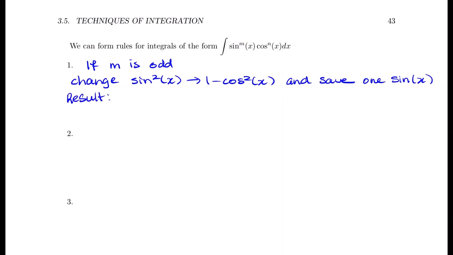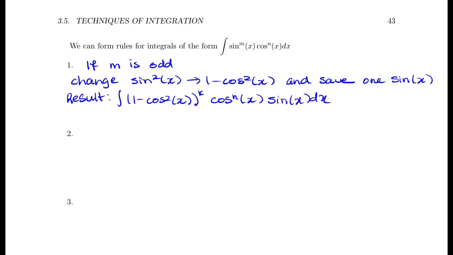So the result here is that, once we change the sine m of x, we would have the integral of 1 minus cos squared of x, raised to the power of k, times cos n of x, and then we save 1 sine of x here, dx.